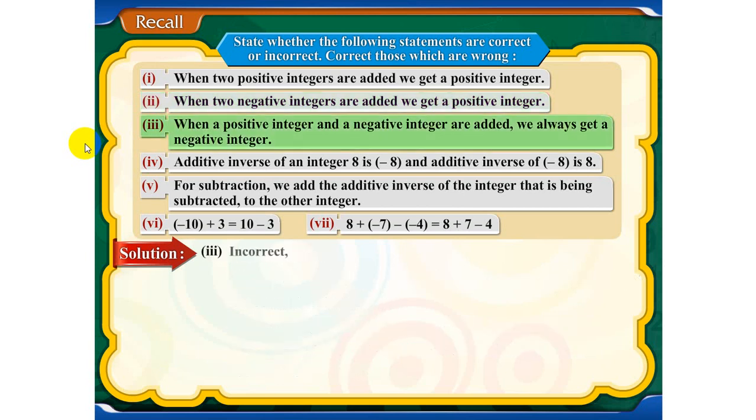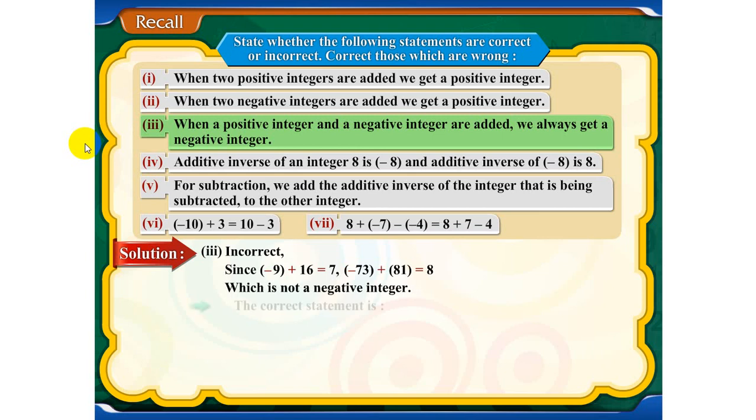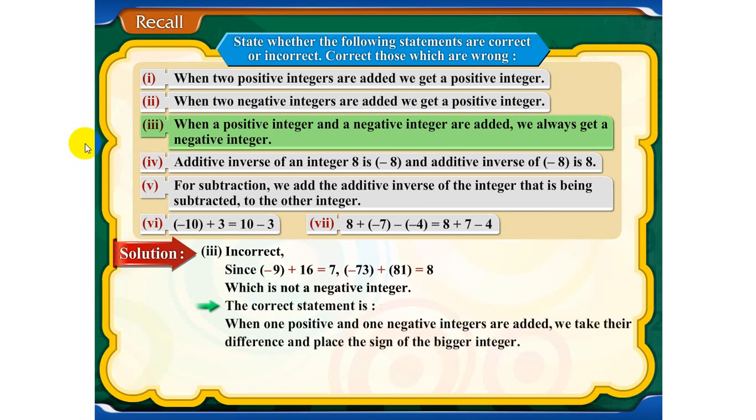3. Incorrect. Since negative 9 plus 16 is equal to 7, and negative 73 plus 81 is equal to 8, which is not a negative integer. The correct statement is: when one positive and one negative integer are added, we take their difference and place the sign of the bigger integer.